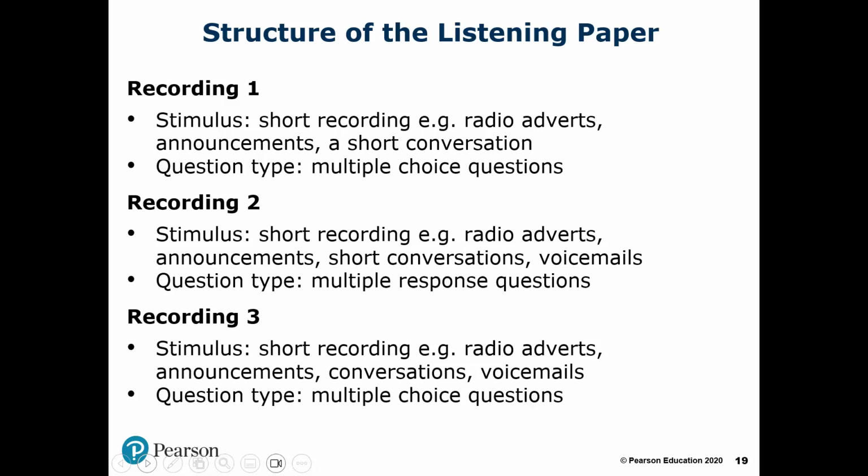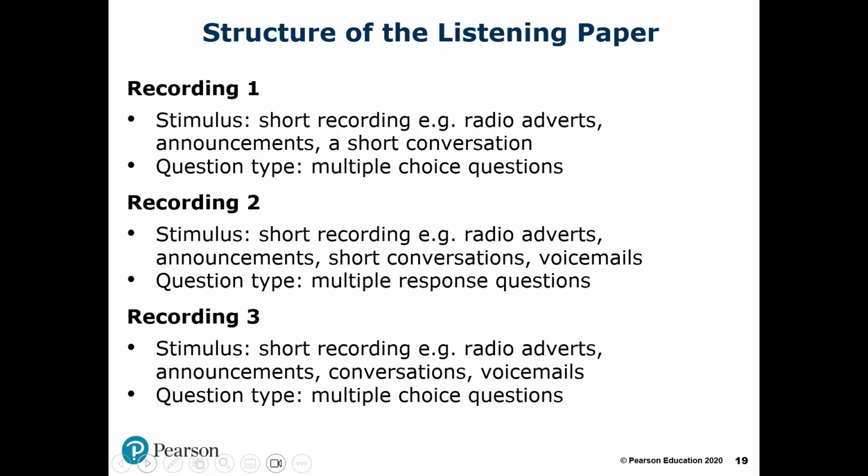Recording 2 will be, again, a short recording, radio advert, announcement, short conversation, voicemail, so slightly wider range of possible recording types here. And again, the question type is multiple response questions.